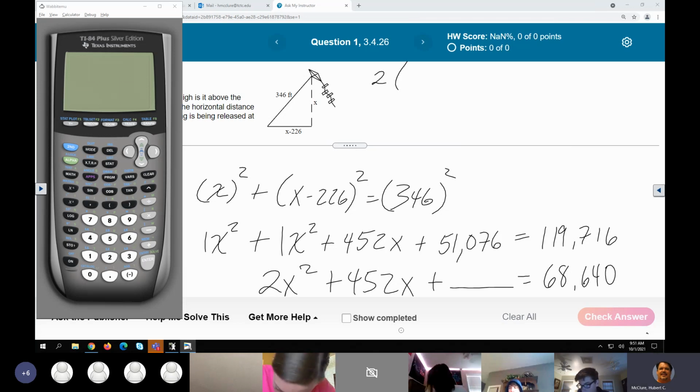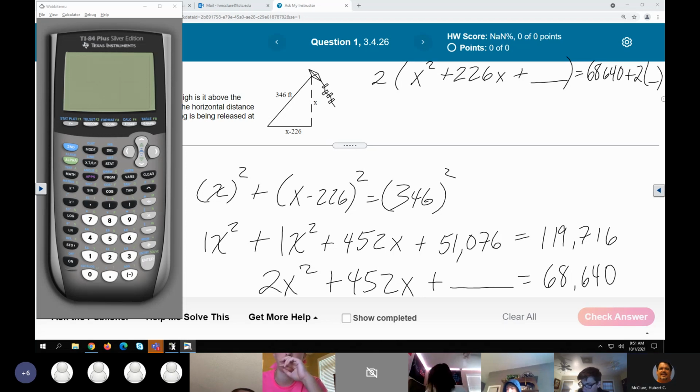And that's going to be x squared plus 226x plus blank is equal to 68,640 plus 2 times blank. And what is 226 divided by 2? That's going to be 113, and 113 squared.